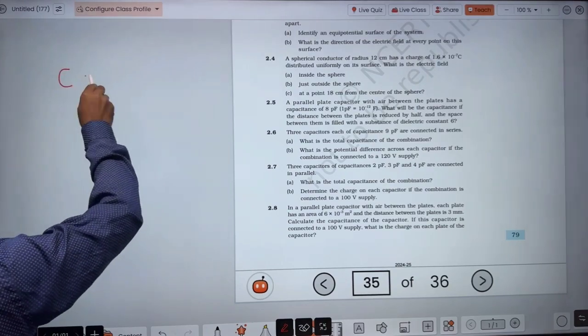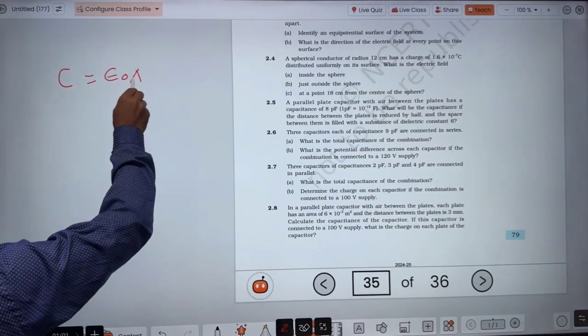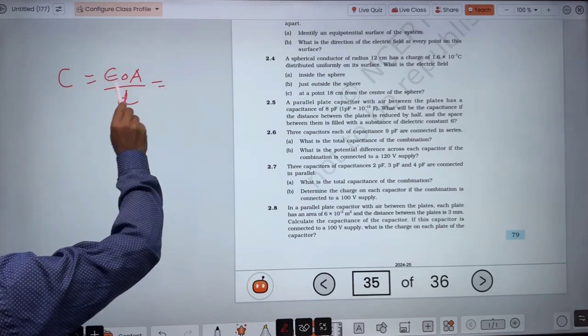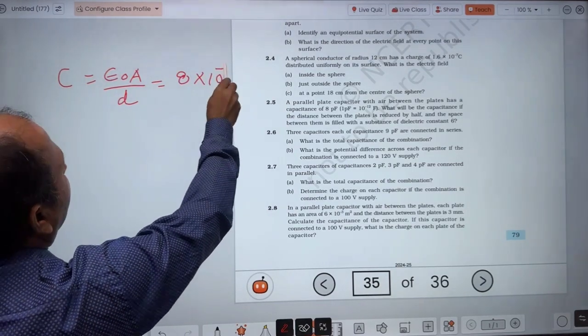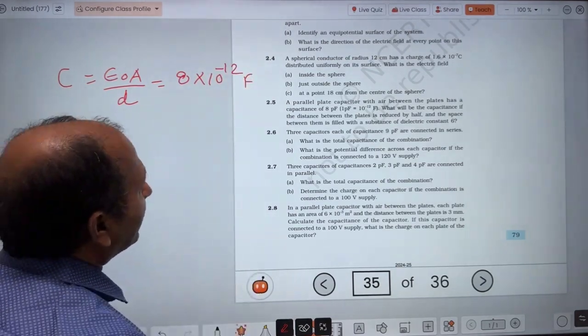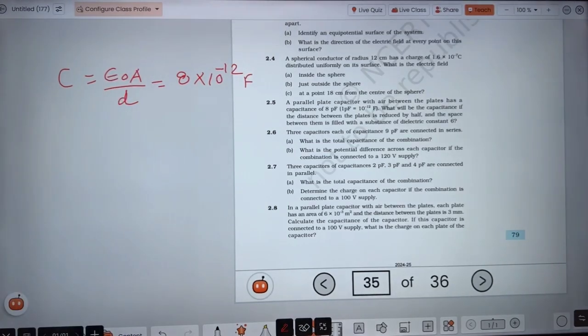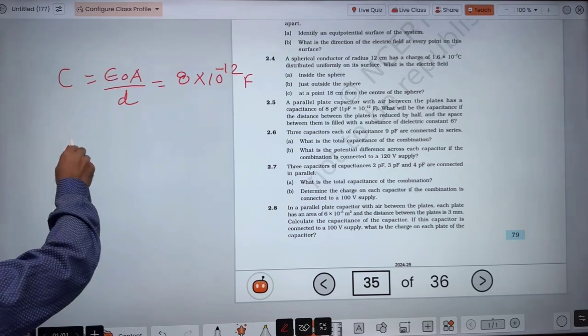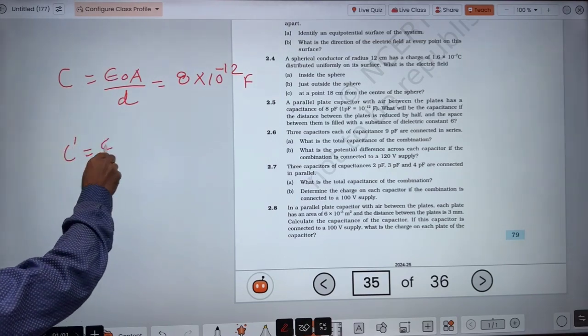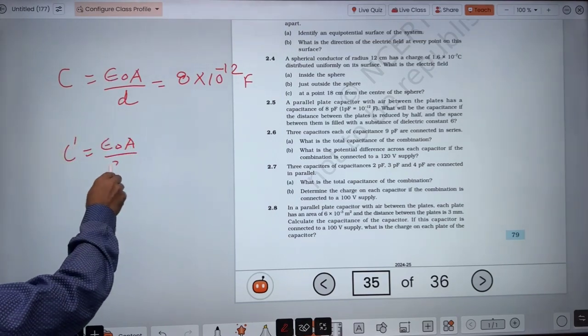But here two things are happening together. One is something is filled, another is the separation between plates d is made half. So here just divide by 2. So simplify: 2K epsilon naught A divided by d. But epsilon naught A divided by d is given as 8 into 10 power minus 12.